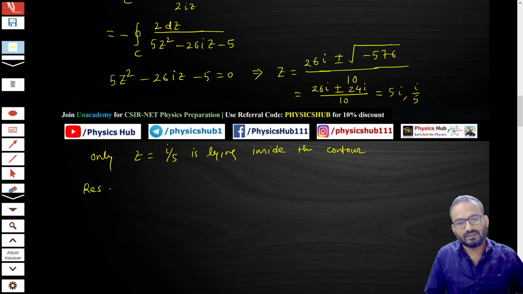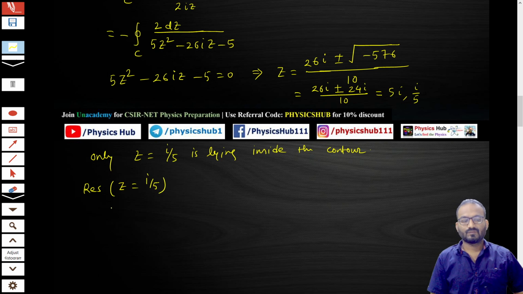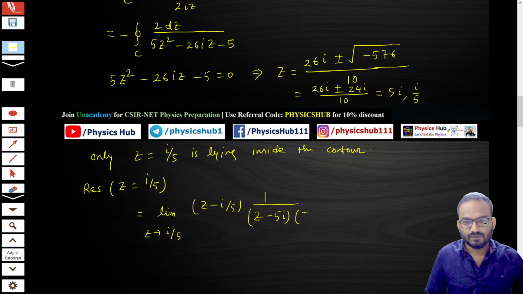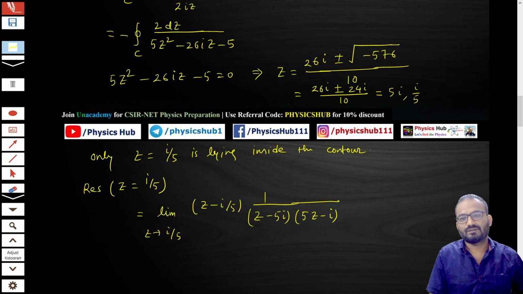So let's calculate the residue at z equals i upon 5. Okay, so we can utilize our formula: limit z tends to i by 5, z minus i by 5 into f of z. f of z is 1 by (z minus 5i) into (5z minus i). Okay, from this we can write it like this.